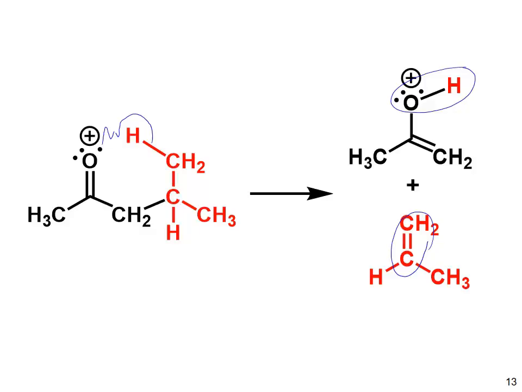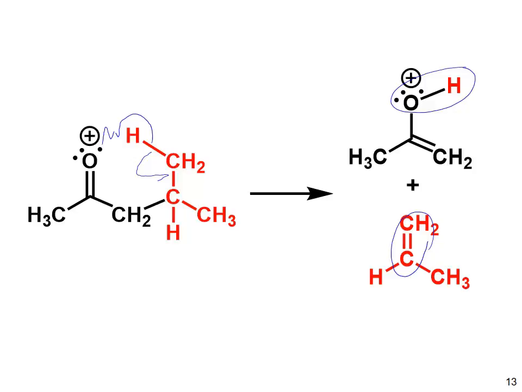So in our mechanism, instead of drawing an arrow that takes the second electron from the CH bond, puts that electron on the carbon, and then takes that same electron to form the CC double bond, we can just take the electron straight from the CH bond and put it where it's going to end up, which is the CC double bond that's forming in this reaction.